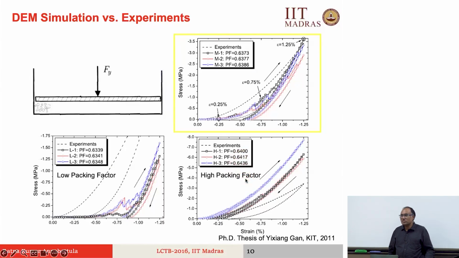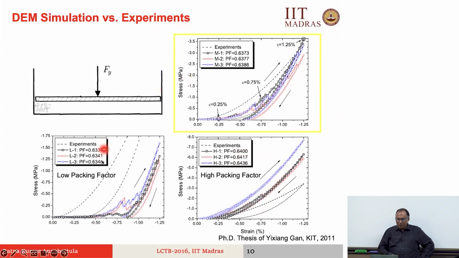You might now question, what are you talking about? You are talking about packing fraction variation at the third digit and fourth digit, right? It turns out that even a small packing fraction variation is going to have a significant influence on the response of your granular assembly, depending upon the choice of your parameters, right?